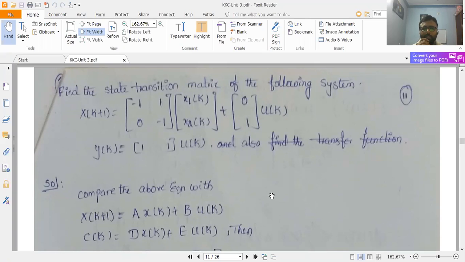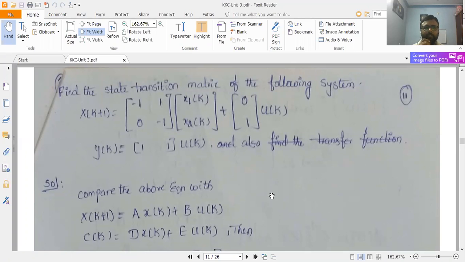If the problem asks us to find the state transition matrix and the given statement of the problem is expressed in x of t, that is a continuous system, you have to use the formula Laplace inverse of (sI minus A) whole inverse.